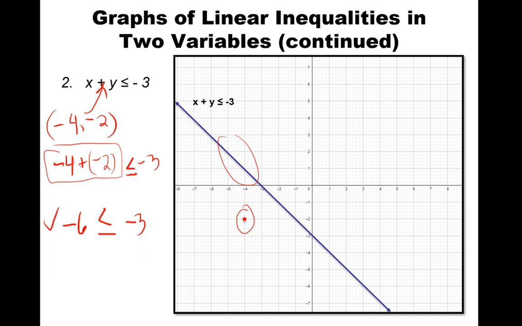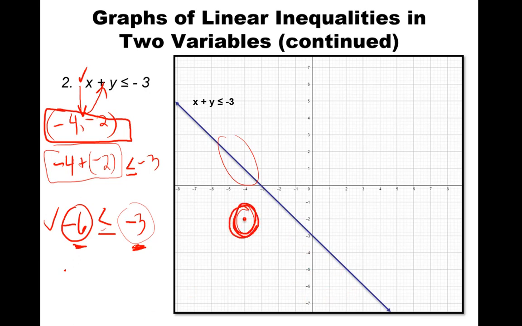Now, is this statement right here correct? Yes, it is. Because -6 is less than or equal to -3. Alam natin mas mababa si -6 kumpara kay -3. At dahil na-determine na natin na itong linear inequality na to ay tama for this given ordered pair right here na -4, -2, we know for a fact na yung ating solution set ay nasa area na ito, kung saan located itong point na -4, -2.